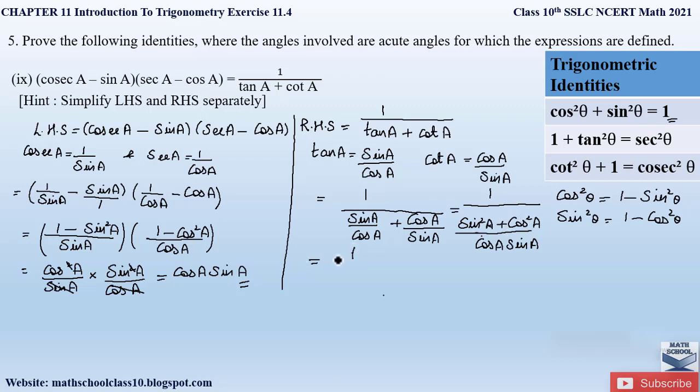So we will get 1 divided by 1 the whole divided by cos A sin A. Now we can convert this division into multiplication by reciprocating the denominator.